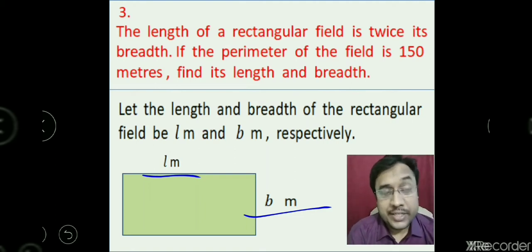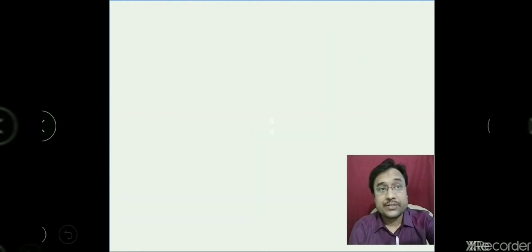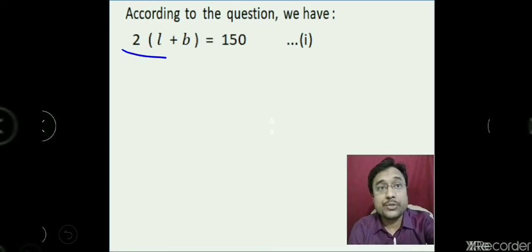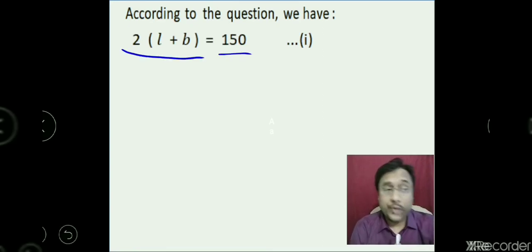What is the perimeter of a rectangle? Just think in your mind. It is 2 into (length plus breadth). So according to the question, we have perimeter 2 into (length plus breadth) equals 150.